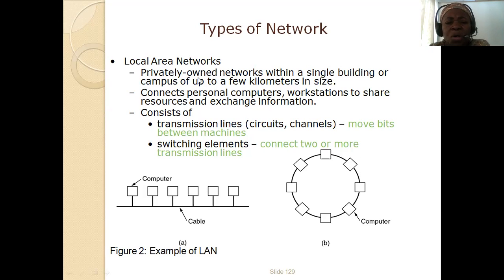Types of network. We have 3 main types of network: the local area network, the metropolitan area network, and the wide area network. Let's start with the local area networks. These are privately owned networks within a single building or a campus of up to a few kilometers in size.